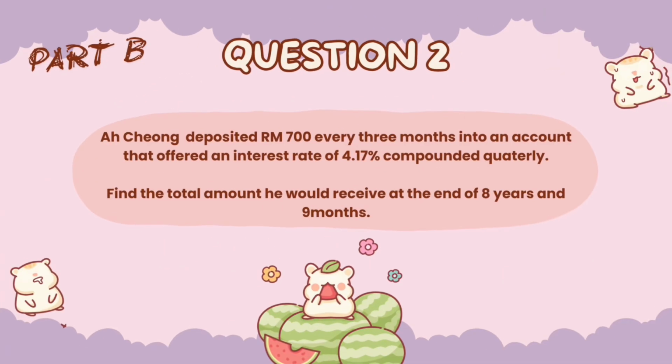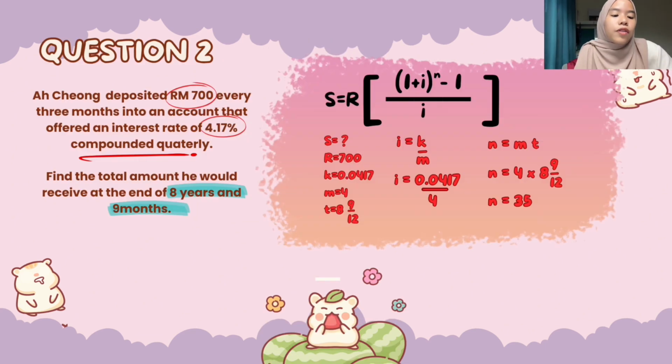So next, we need to find S, which is the amount of the annuity. We have already identified R, which is the amount Ah Chong deposited, RM700. We have also found K, the interest rate, which is 0.0417, because 4.17% per 100 and we got 0.0417.